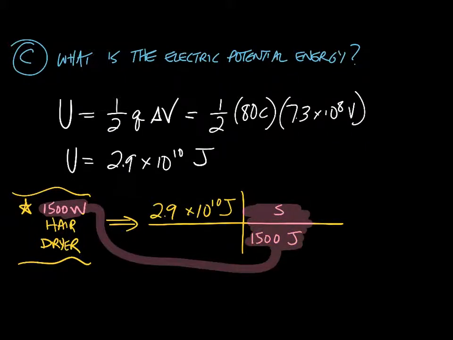All right? Well, the joules will cancel, and so that'll be a large number of seconds. So instead of dealing with seconds, let's deal with hours. And there are 3,600 seconds in an hour. And again, my seconds will drop out.